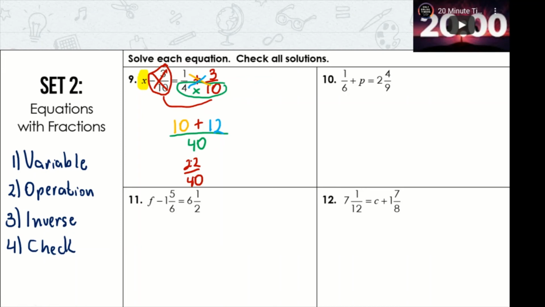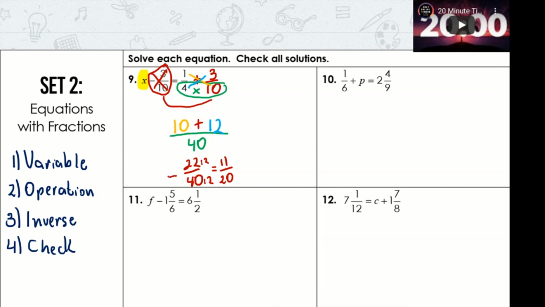Mister, can I simplify? Yes, you can. Let's divide by 2. 22 divided by 2 is 11. 40 divided by 2 is 20. Great. Done. Pretty simple, guys. x equals 11 over 20.